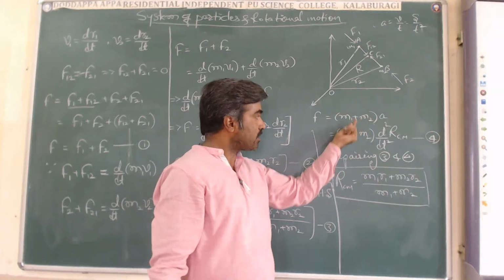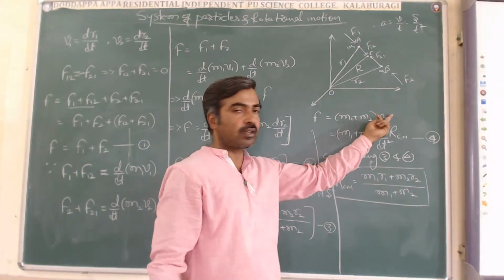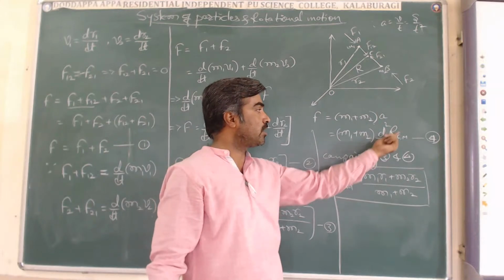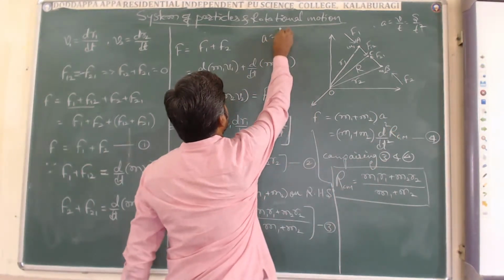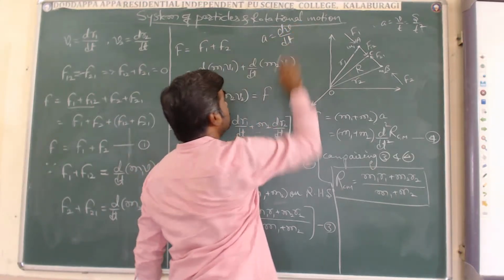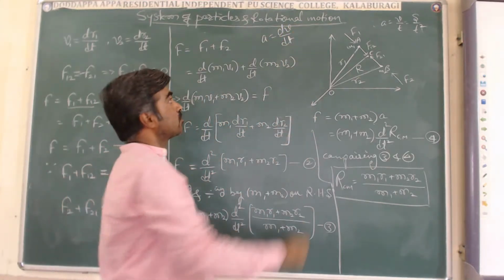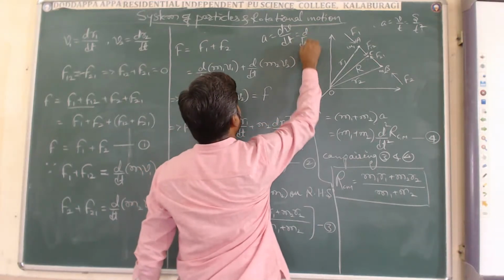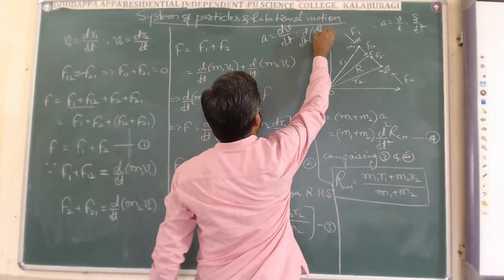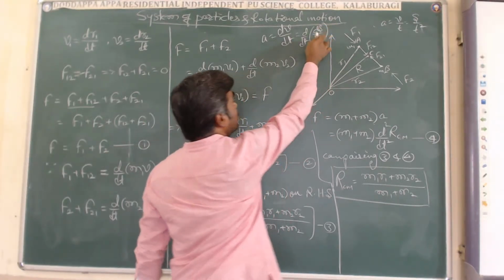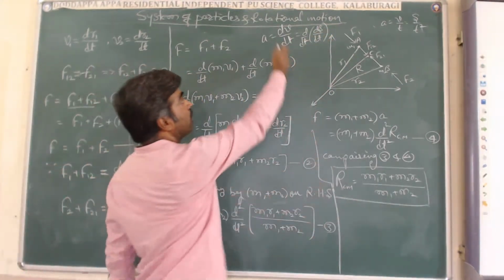So in this equation, as it is written, M1 plus M2, the acceleration can be written as d square by dt square of r. Or we can write acceleration as dv by dt, the rate of change of velocity. The d by dt I will keep as it is, and v can be written as ds by dt, the rate of change of position, which is nothing but velocity.